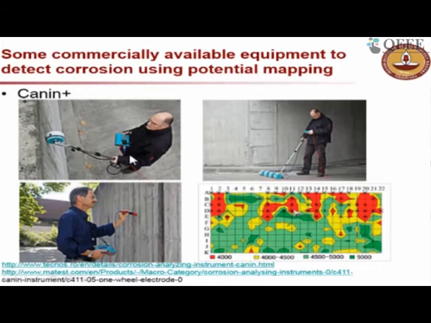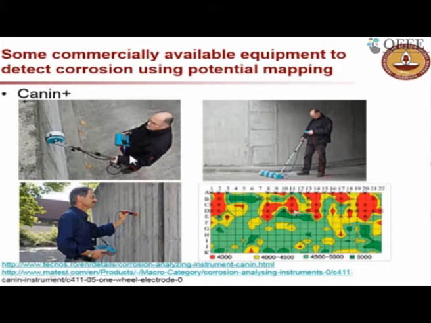But anyway, the point is moisture and oxygen are essential. If you can prevent the structure from moisture or oxygen, then you can stop corrosion, but it is practically impossible to achieve that. And corrosion inhibitors can be used to prevent corrosion.